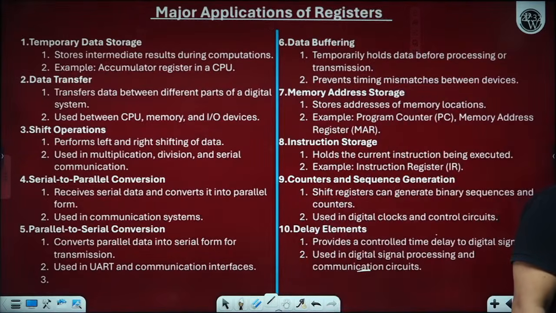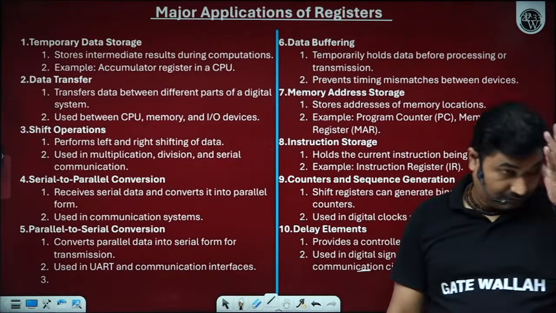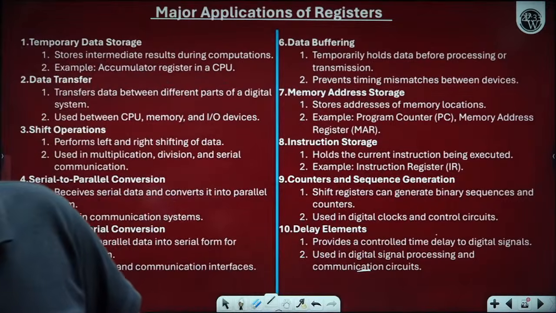So please observe the major applications of the registers once. Up to this part, is there any issue, Betaji?